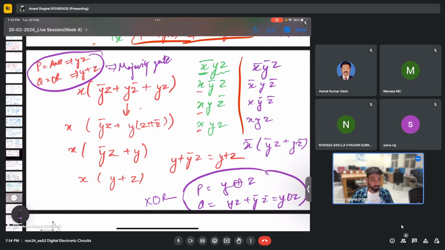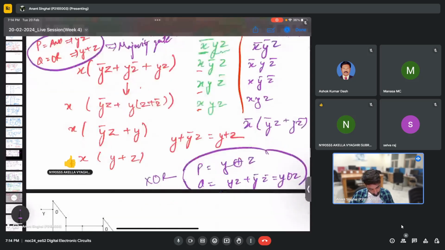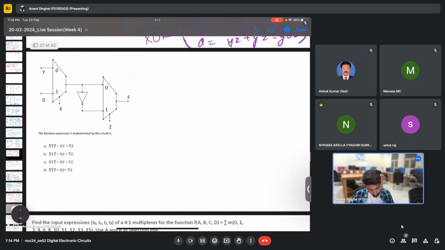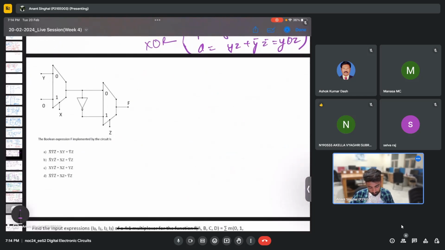Is it fine? Should I proceed? Okay, so try this now. Again, we have two multiplexers. We need to compute the final F. Now try to take 1 or 2 minutes only because this is very easy.